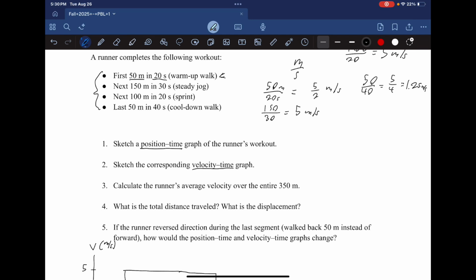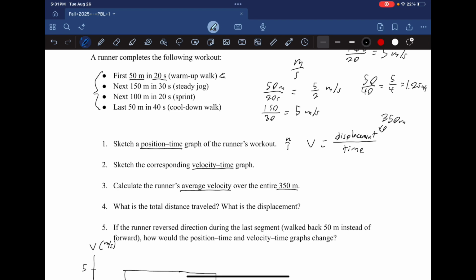Okay, so problem 3 asks us to calculate the runner's average velocity over the entire 350 meters. We know that the units are meters per second, but velocity is also the displacement from the start divided by the total time. In our case, assuming that he's traveling in a straight line here, the displacement is 350 meters.